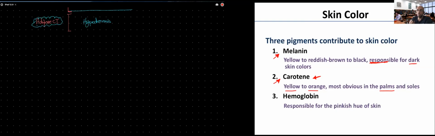Like he has to be ingesting huge amounts on a daily basis for many months in order to have a very slight change of the skin color. But theoretically, yes, it can happen, but you need huge amounts and a long period of time. And the change is not that big. All right.